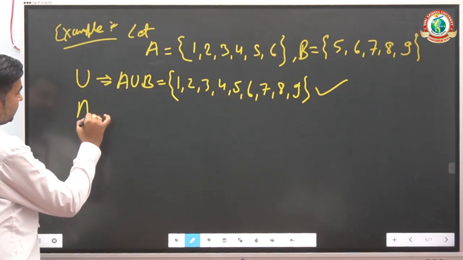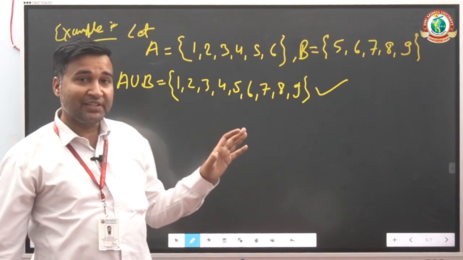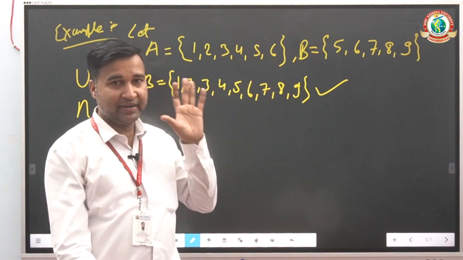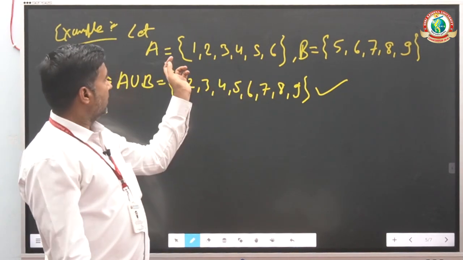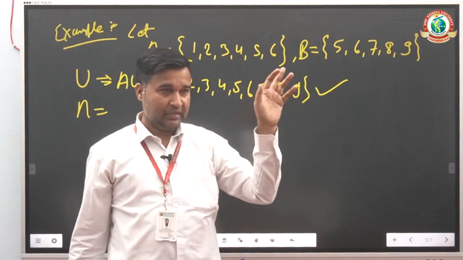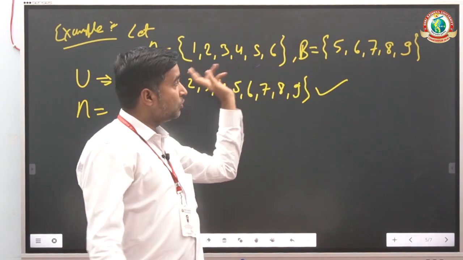Now intersection. Intersection is the operation in which we take the common elements in both sets. Here 5 and 6 are the two elements common in both A and B sets.